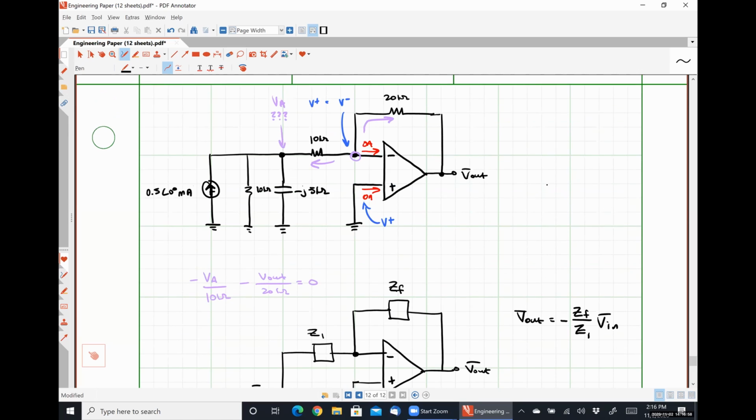So there are multiple 10 kilo ohm resistors. So you are suggesting that we could use current division to find out how much current is flowing through this 20 kilo ohm resistor?